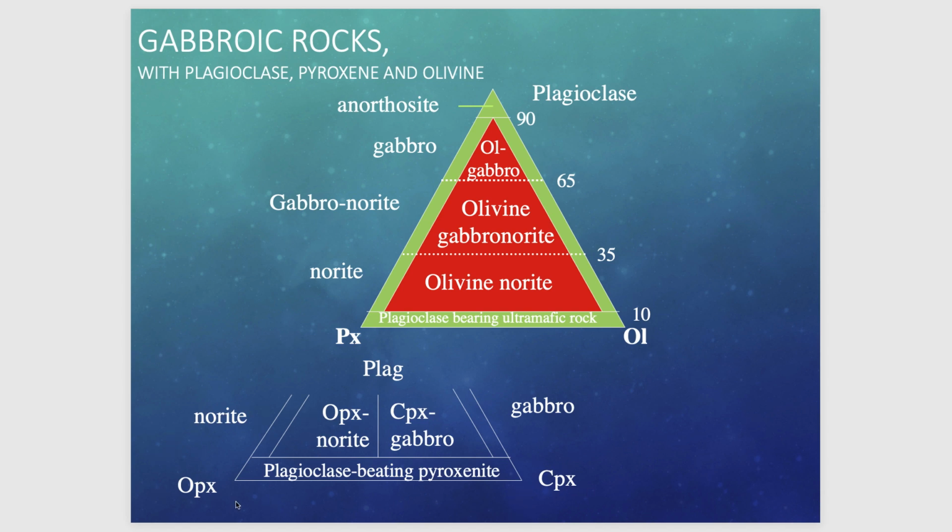So we move from classifications that are based on the mineralogy into the substitution of a particular mineral, which could be either the amphibole or the pyroxene. So in this case, we talk about orthopyroxene diorites and clinopyroxene gabbros, for example, or plagioclase bearing pyroxenites for this field down here.